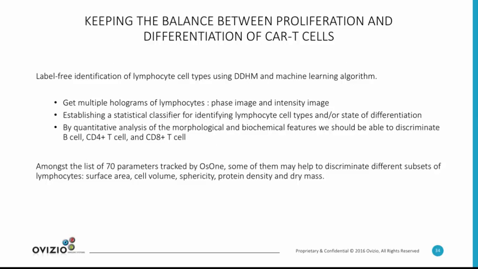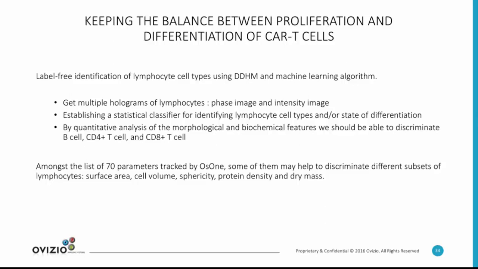So getting multiple holograms of lymphocytes, establishing a statistical classifier, and of course doing quantitative analysis of all morphological and biochemical features that should be able to discriminate B cells, CD4 plus, and CD8 plus T cells.